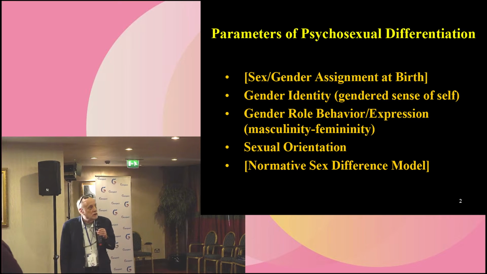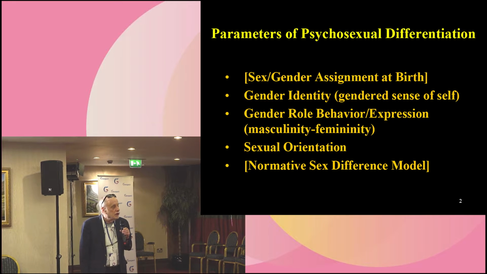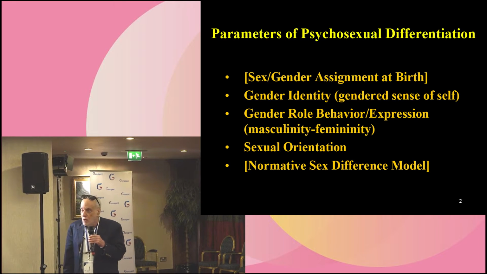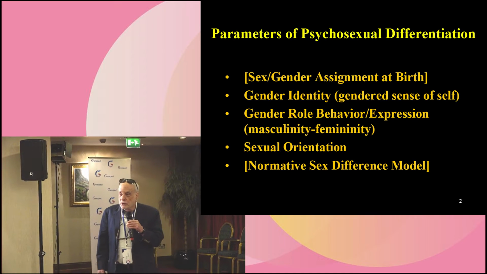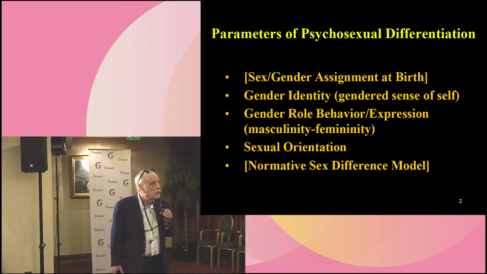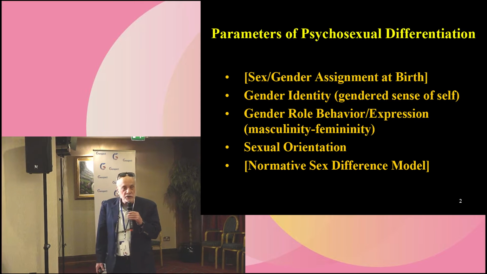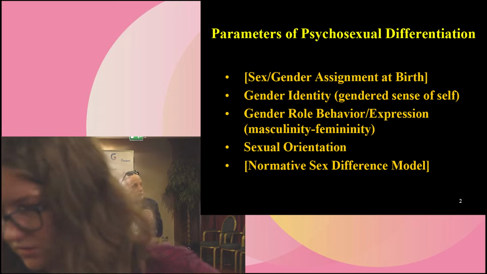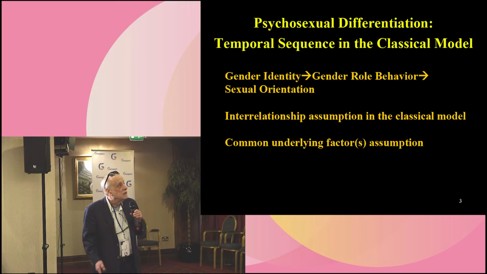This model emerged many decades ago, and it might be considered a normative sex difference model, meaning that if you look at these three parameters, on average, there are very strong sex differences. And Professor Biggs sort of pointed that out with regard to gender role behavior in his talk.